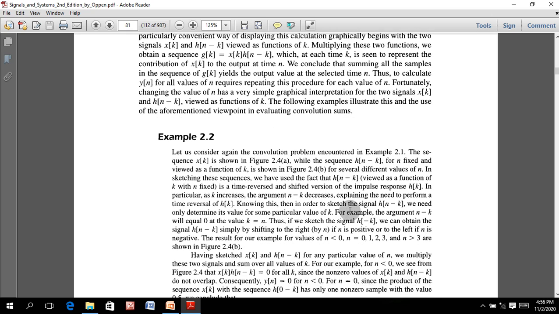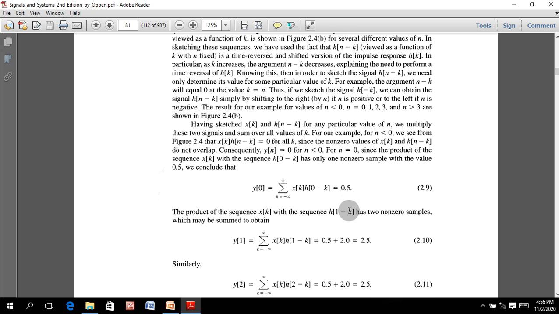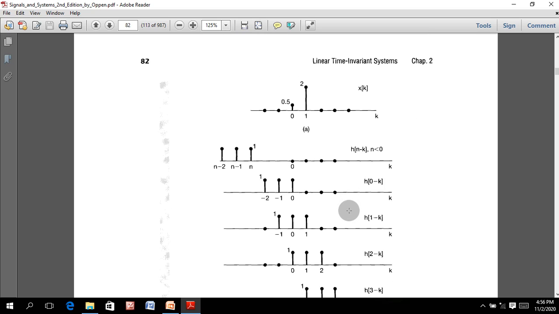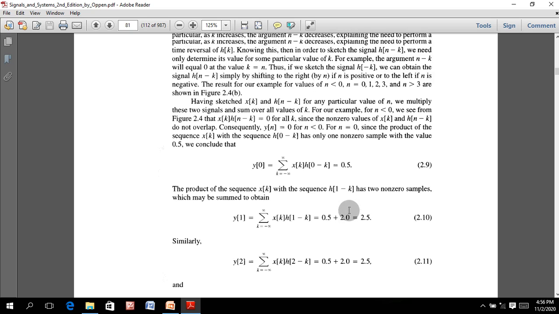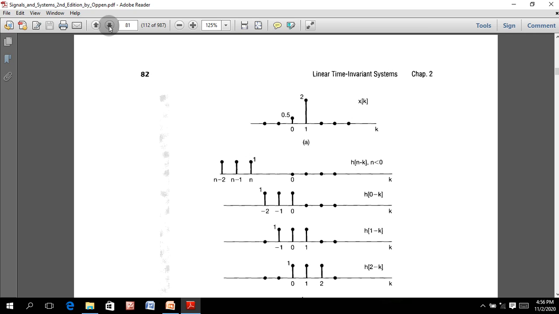Now if we take another example here, what will we get? Suppose this is h of k. Now this is h of n minus k.